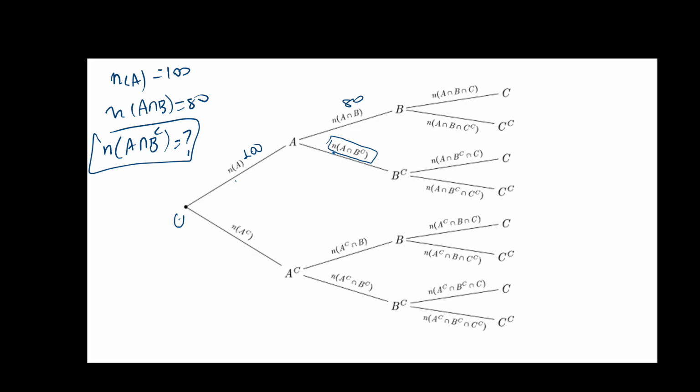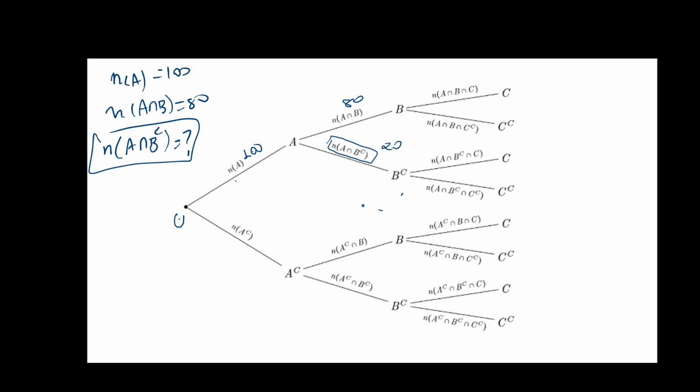And it turns out that I already know this number, although it wasn't given to me, because counting trees have cool properties, and one of the properties is that whatever is coming to a node will have to get out of the node. So if 100 elements are coming in A, and I have 80 being in A and B, well, then only 20 will be in A and B complement.